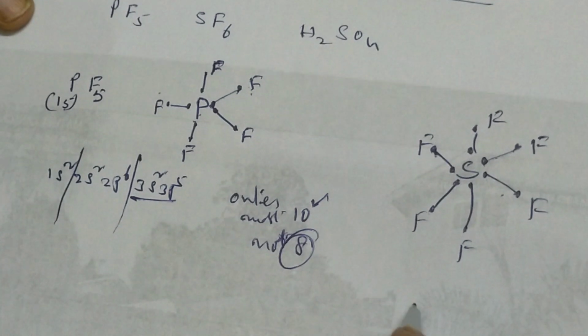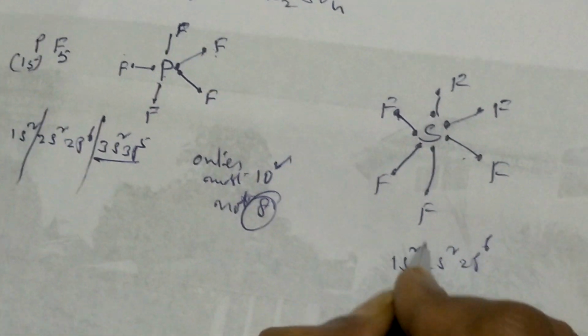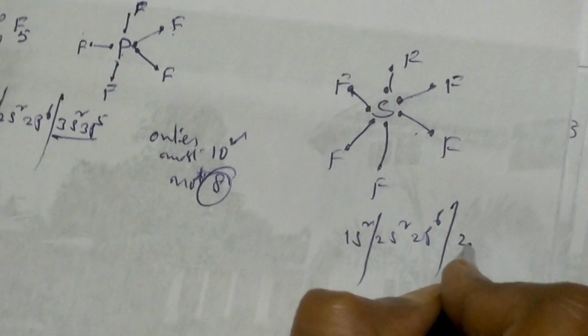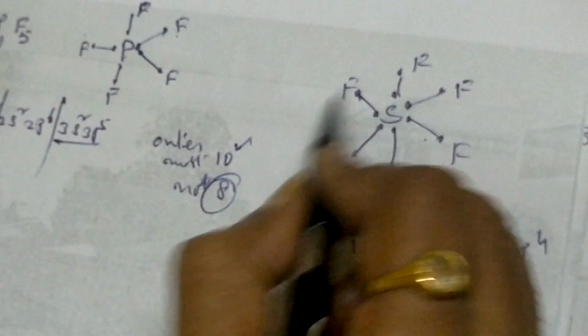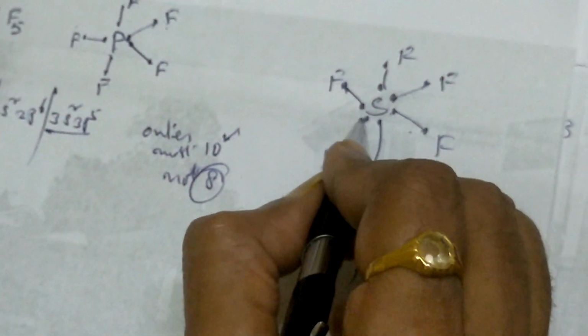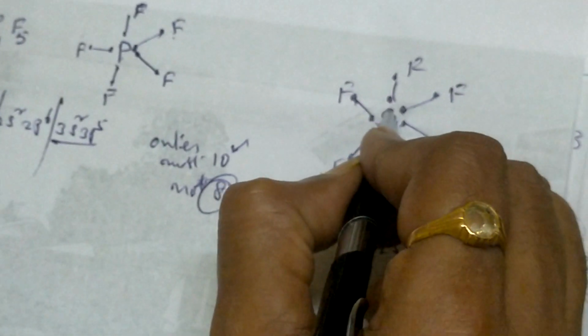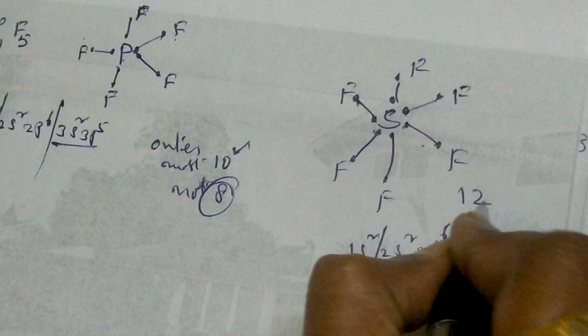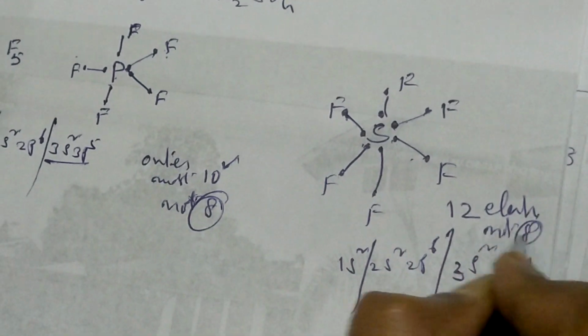Here, the electron structure of sulfur is 1s2, 2s2, 2p6, which is inner, then 3s2, 3p4, 6 electrons matching, 1, 2, 3, 4, 5, 6. Fluorine octet is matching, but sulfur in the outermost shell has 12 electrons, not 8. It is not 8.